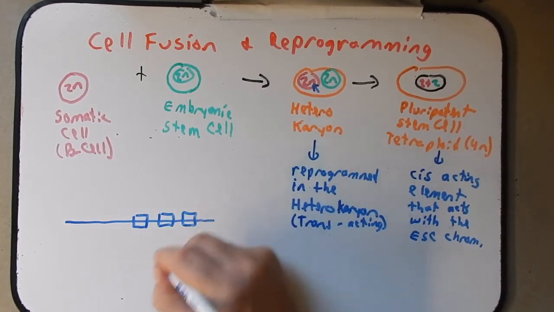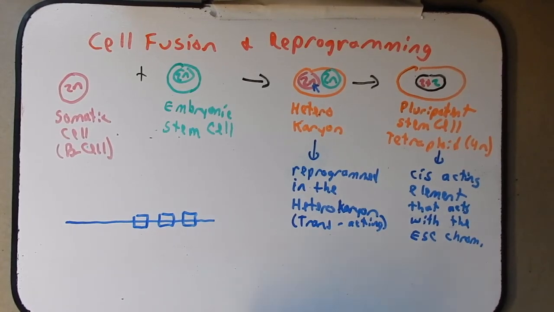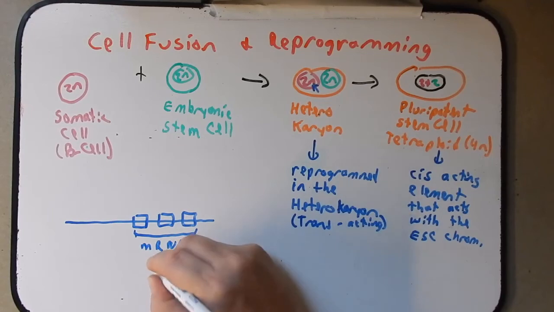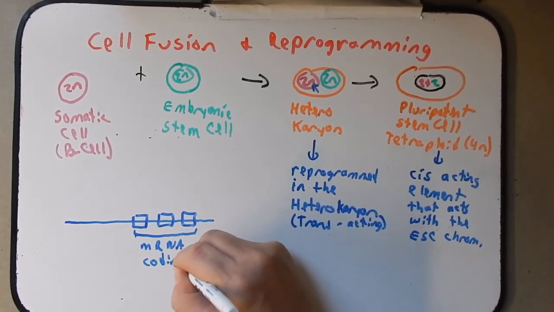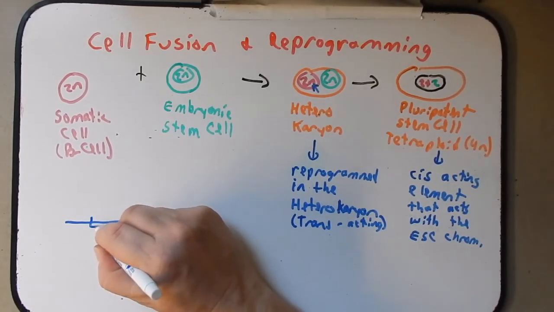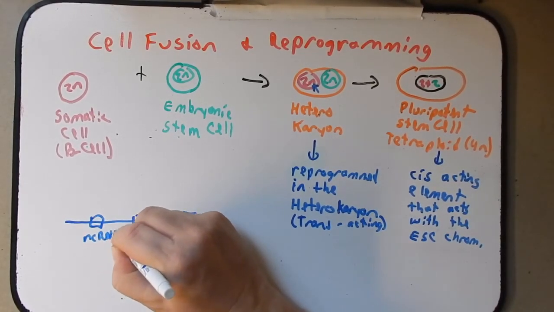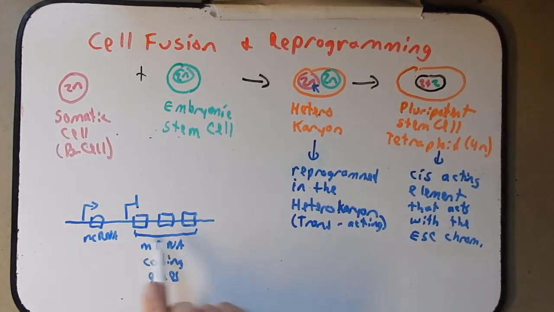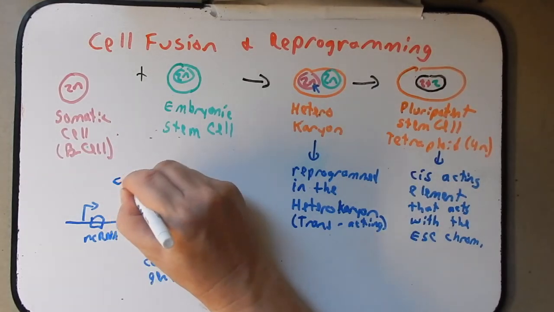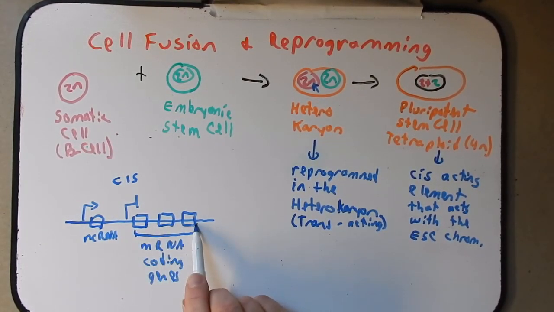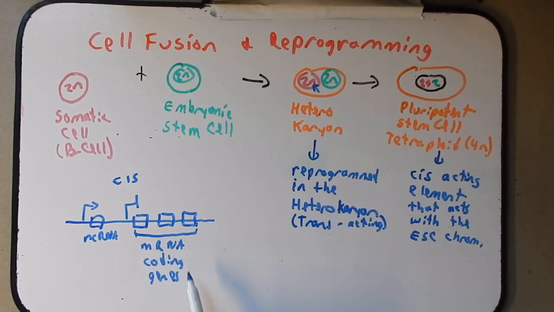So it could be something, and I'm not saying this is what's happening, but it certainly is a possibility, I would suspect, if you have an imprinted gene, and we have these three, say, mRNA coding genes, and how their expression is dependent upon this non-coding RNA. And often if this is expressed, these aren't, and that's how we imprint these genes. This would be considered cis-acting, because this is directly affecting the expression of genes next to it on the same chromosome.